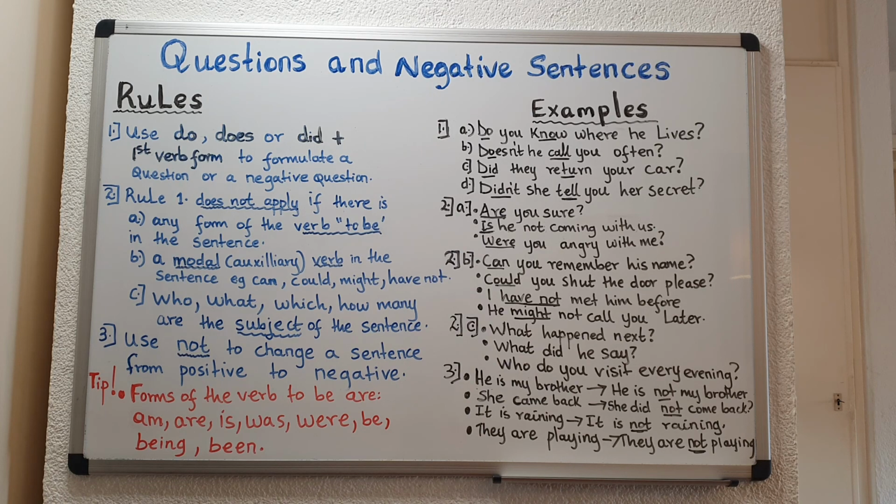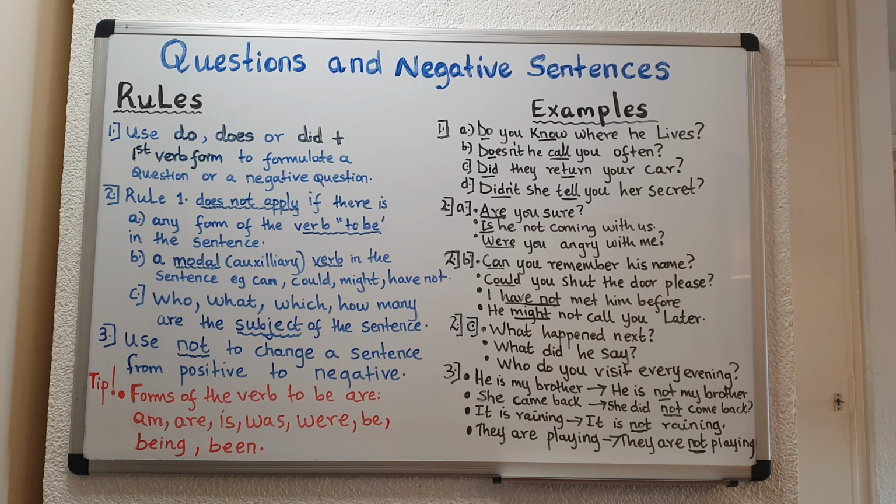And then example 1B. If I want to change it to positive, I will just remove the word not. So instead of saying, doesn't he call you often? Then the sentence will be, does he call you often? I just remove the word not.